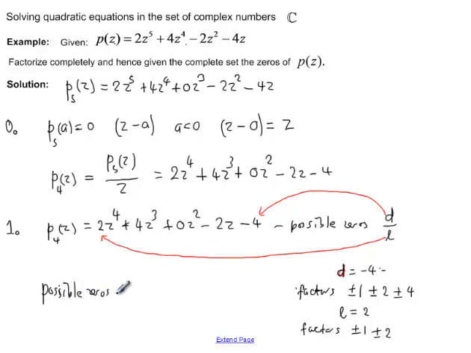So now, let's say possible zeros. This is actually going to be a set. It's not only one, it's a set. So it's going to be plus 1 or minus 1 divided by plus 1 or minus 1. So let's check.